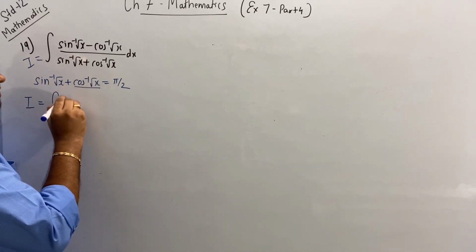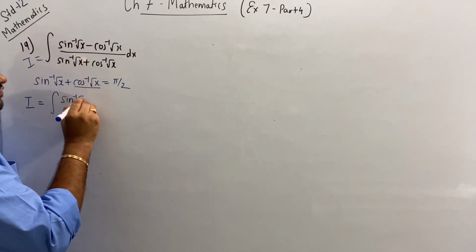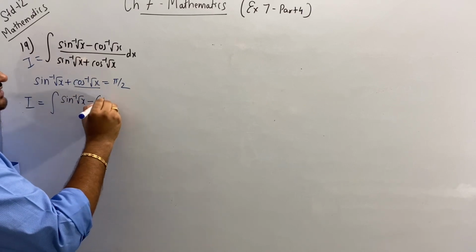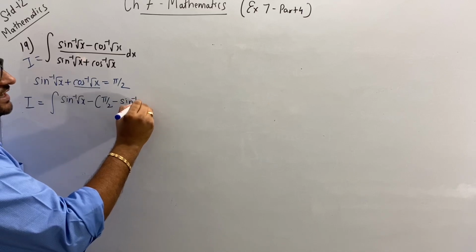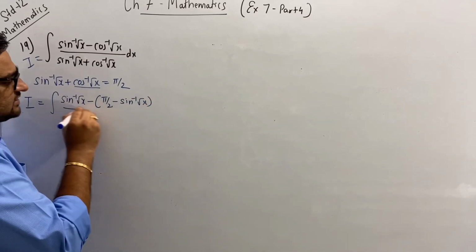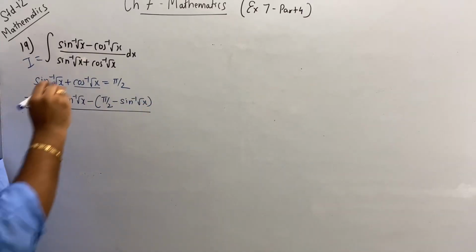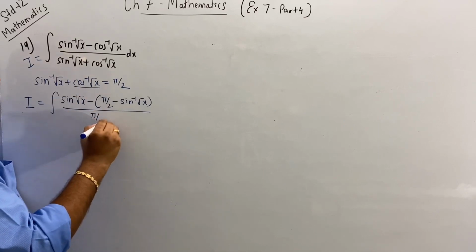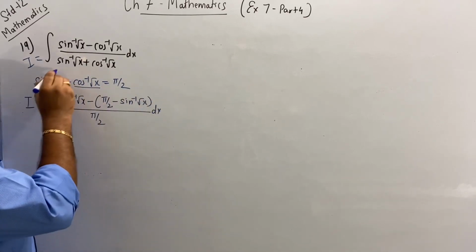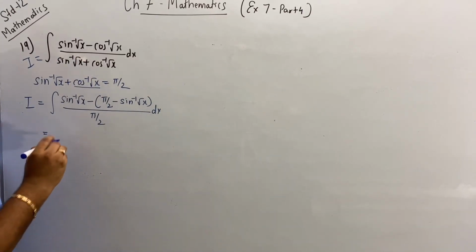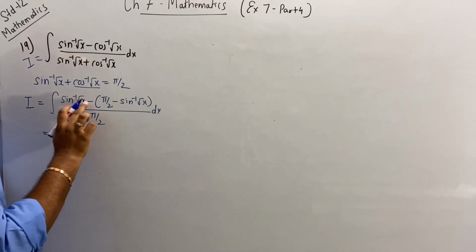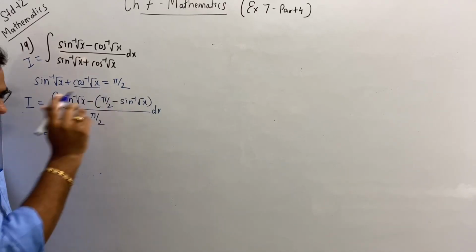So sin inverse root x minus pi by 2 minus sin inverse root x upon pi by 2. So instead of this, I can write pi by 2. Clear? So now sin inverse x, minus minus plus.